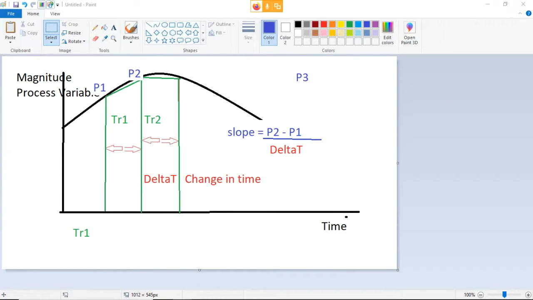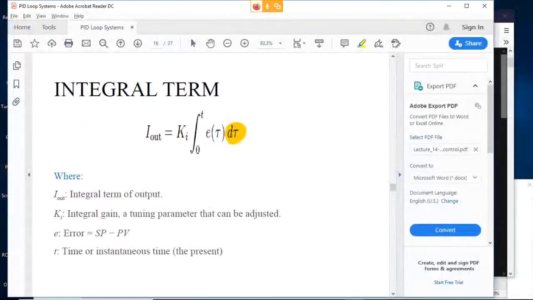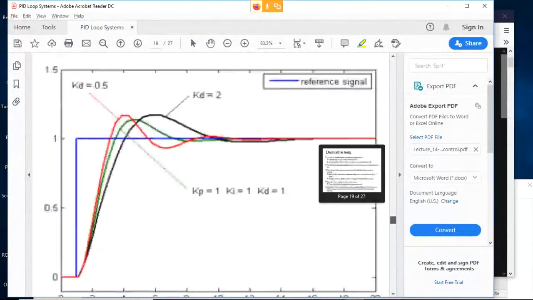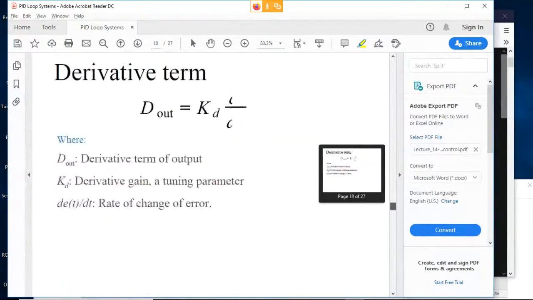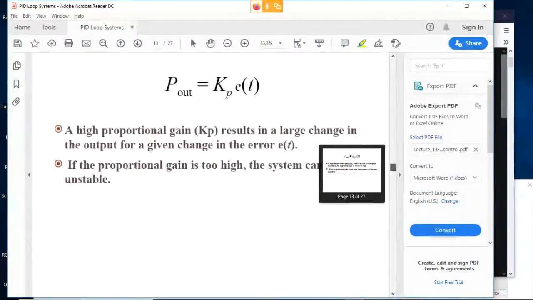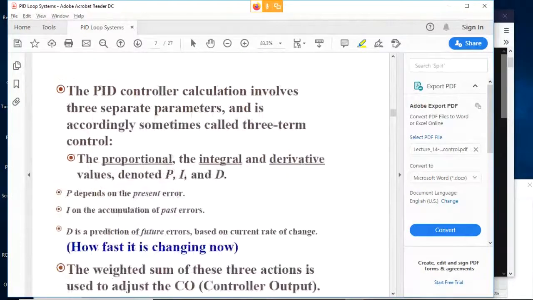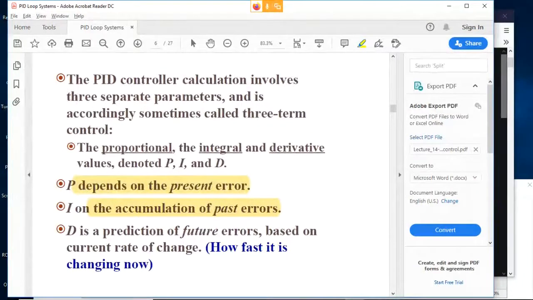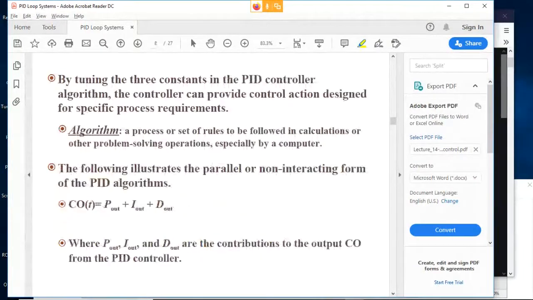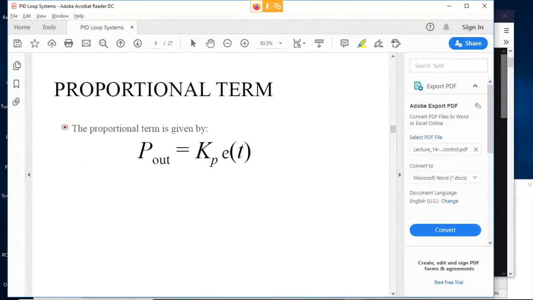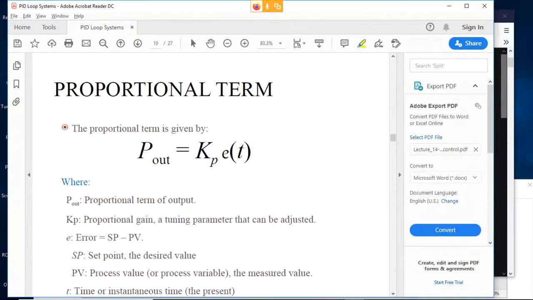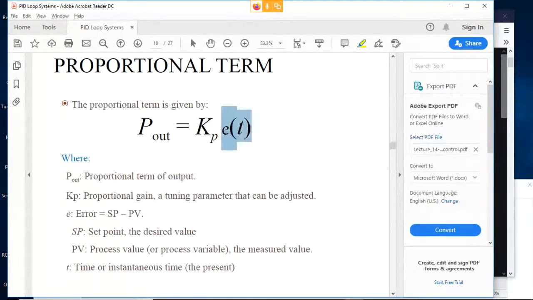Okay, so anyhow, that's kind of what we have to calculate inside of the PLC. If we look here, as we do this calculation for the integral, remember, we're multiplying times the error.